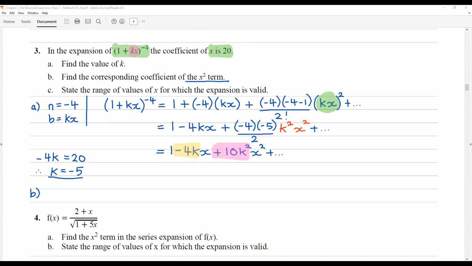So that plus 10k squared must equal some value, but we know what k is now. So 10k squared equals 10 multiplied by negative 5 all squared, just substituting our k in. Okay, negative 5 squared is of course 25, so it's going to equal 250.